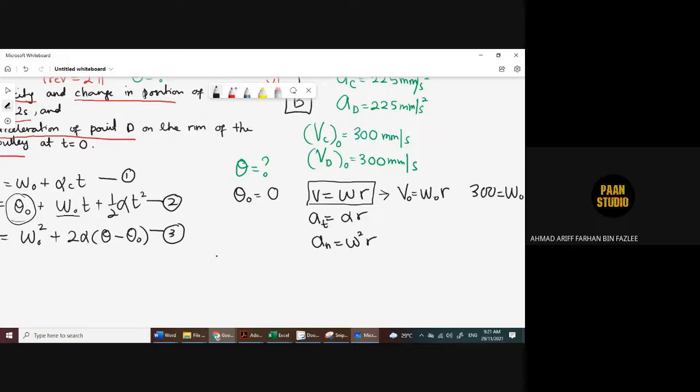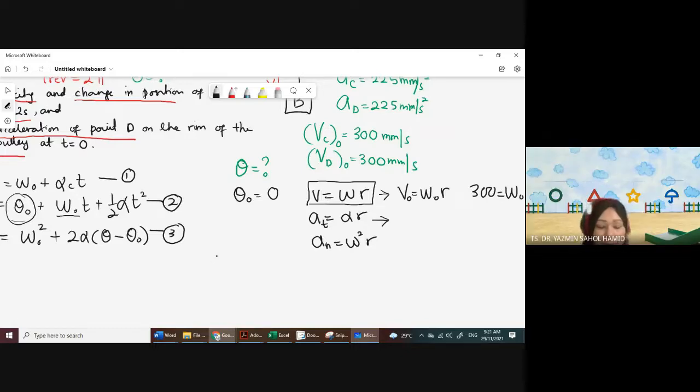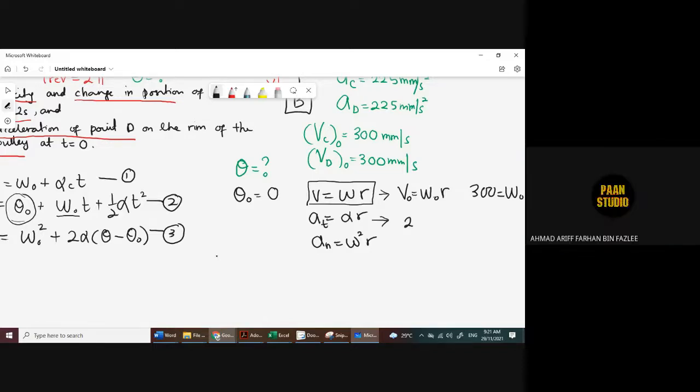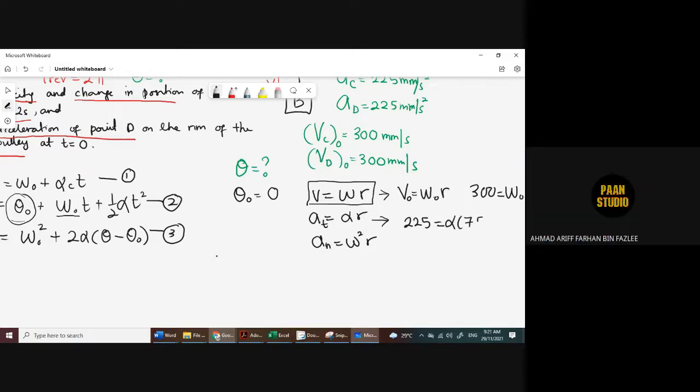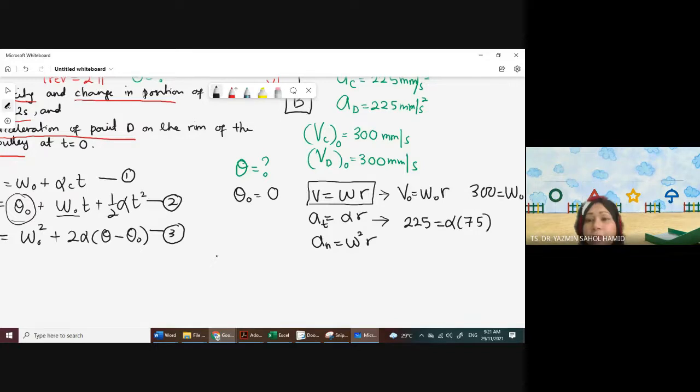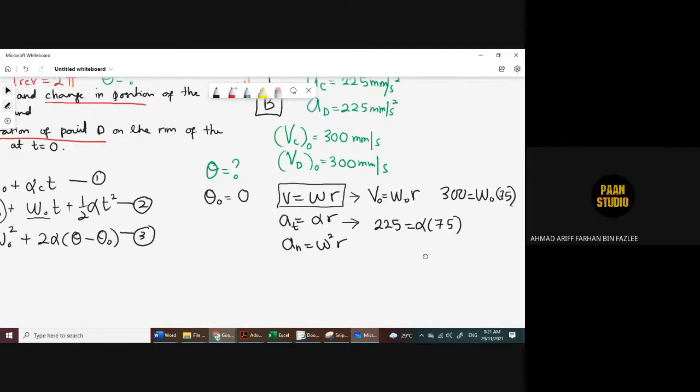Boleh. Alpha kita apa? Acceleration kita berapa? 225. R kita berapa? 75. So berapa kita punya alpha? 3.